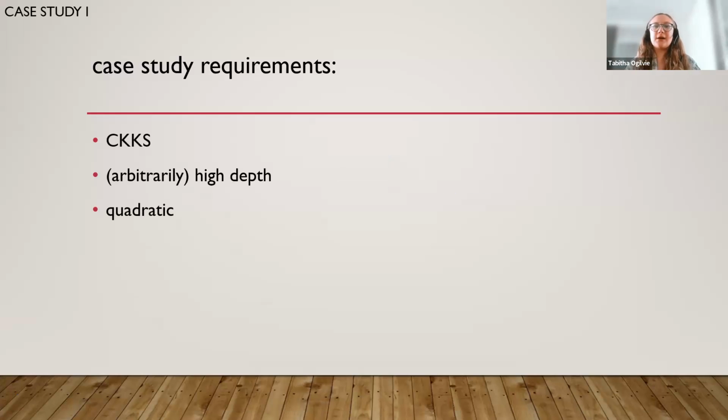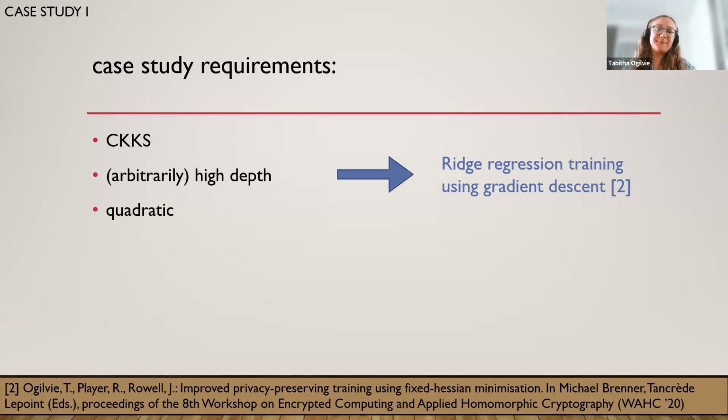And you have to, at any one time, only be evaluating a quadratic polynomial. This last one is very, very constrictive. The only case study I know of with this property is ridge regression training using gradient descent, which was at WAHC in 2020. If you know a different case study, please reach out to me. I'd be very interested.